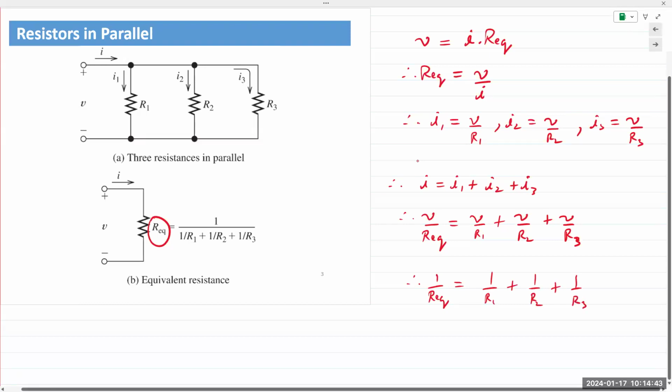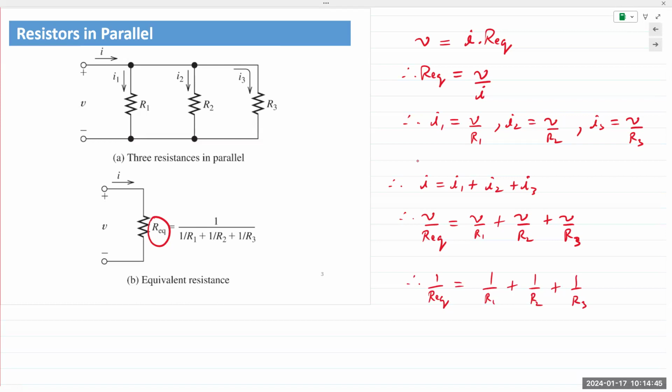Hence the reciprocals. So Req is the reciprocal of the sum of the reciprocals of all the resistances in that network. Okay, that's how we arrive at this equation for Req. All right, any questions?